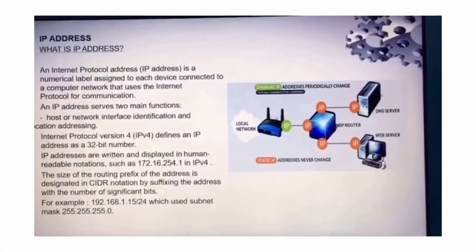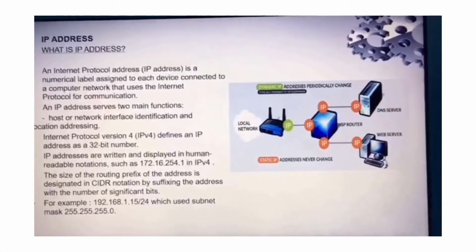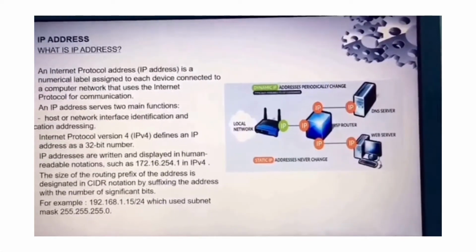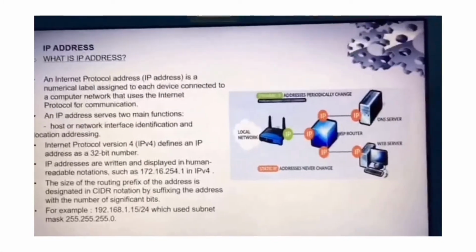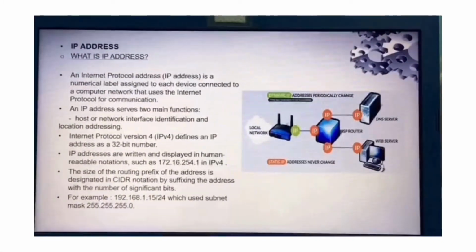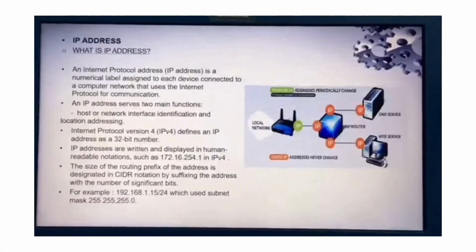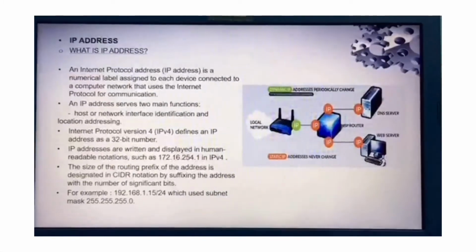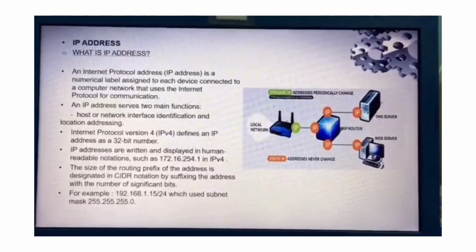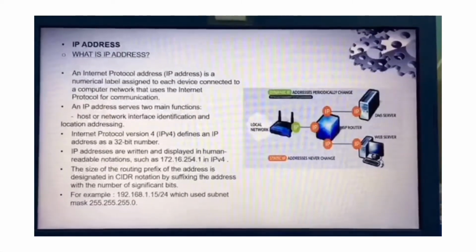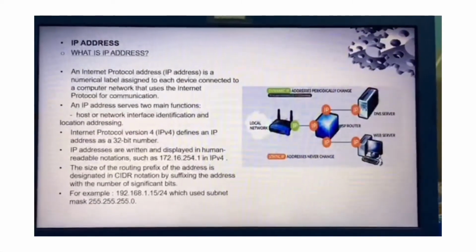Internet Protocol version 4, IPv4, defines an IP address as a 32-bit number. IP addresses are written and displayed in human readable notation such as 172.168.254, the one in IPv4.